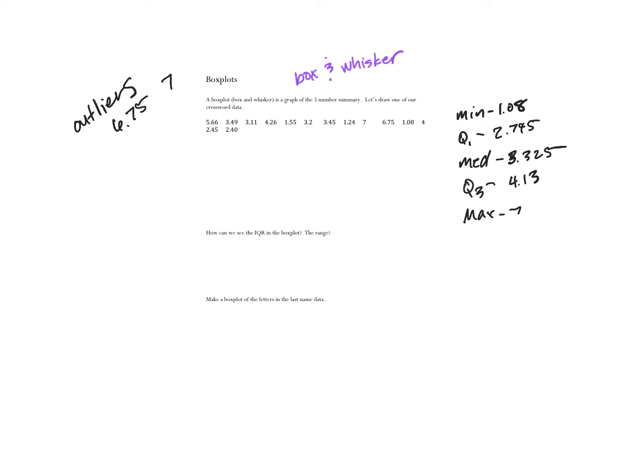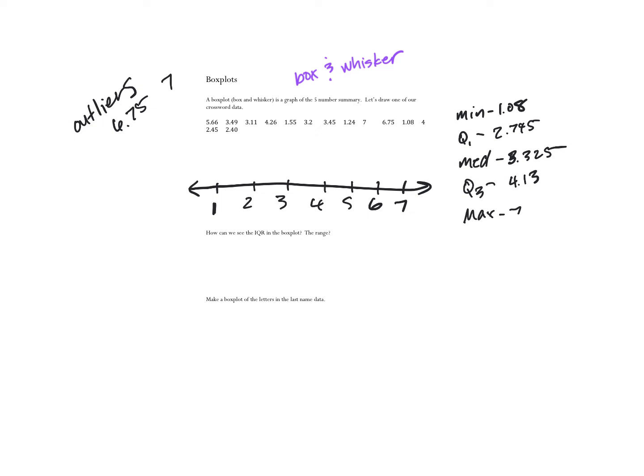Box plot is very similar to what we just drew when we drew in our dividing lines, okay? So to make a box plot, you're going to start with an axis. My lowest point on this is a 1. My highest point on this is a 7. So my axis is going to go from 1 to 7. Okay.